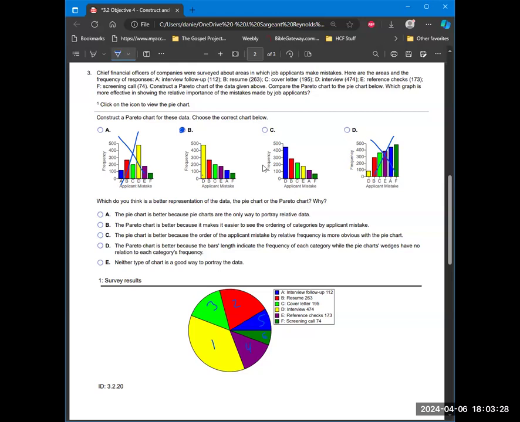And then we would say that the Pareto chart is better because it makes it easier to see the ordering of categories by applicant mistakes.